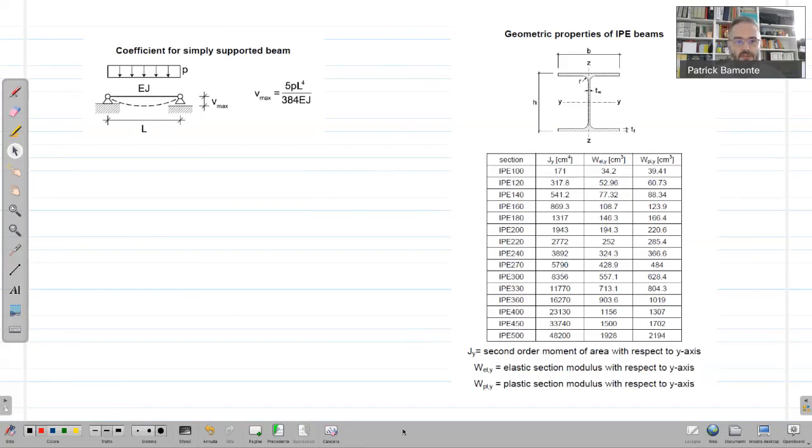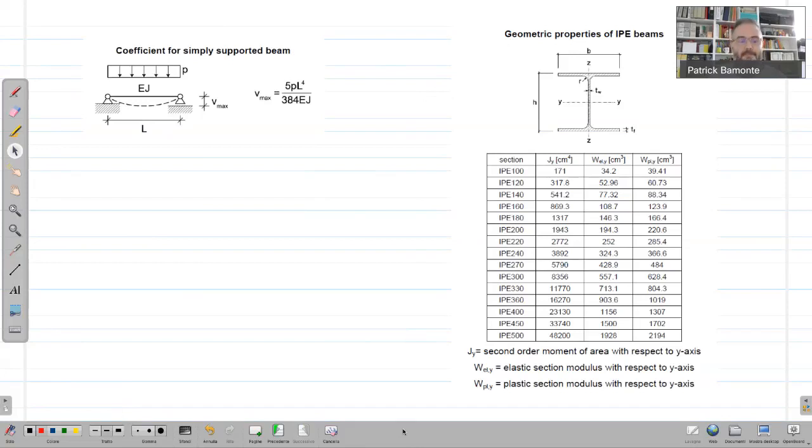Then there was point C, and point C of the problem was design the section of the beam assuming an IPE profile by limiting the maximum displacement at midspan to Vmax equal to L divided by 300. Modulus of elasticity of the steel is equal to 200 gigapascals.